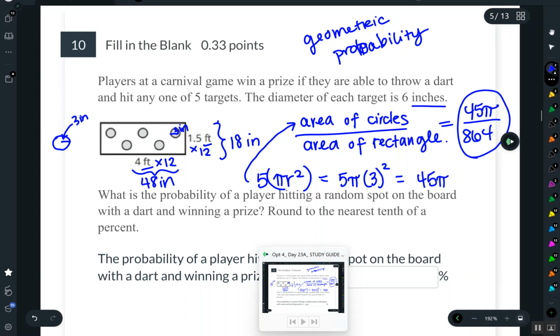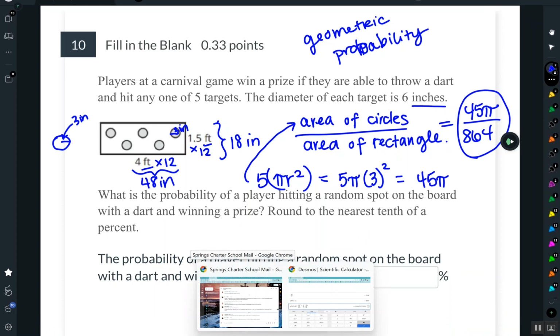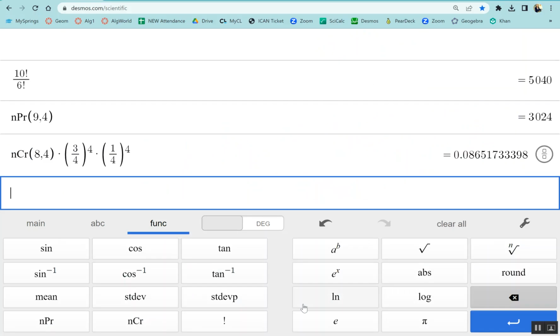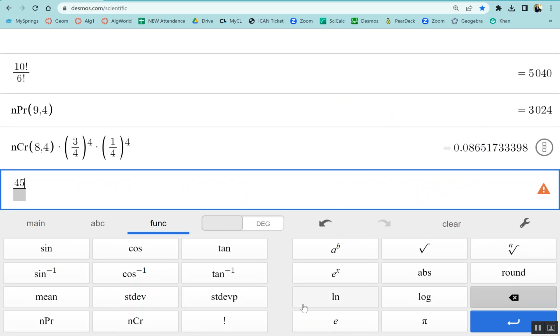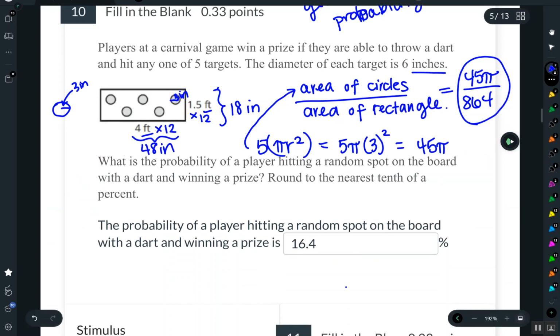It's basically what percentage of this dartboard are the circles. So the fraction, 45 pi over 864. Move the decimal, that's 16.4%. And there it is.